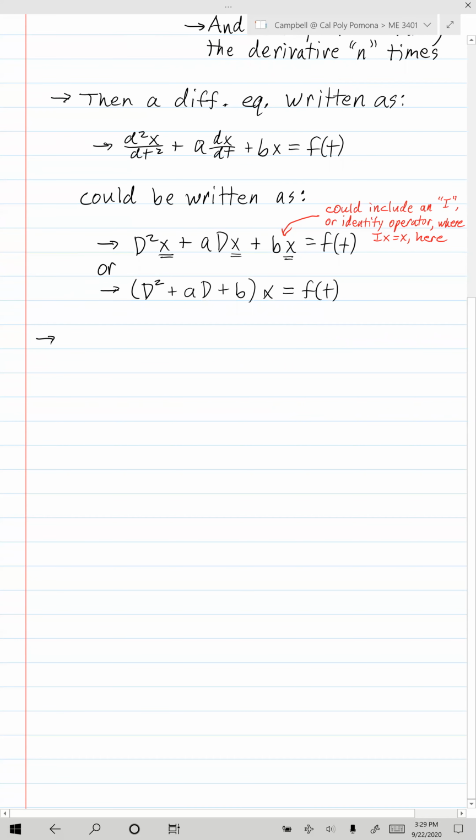So we have these differential operators, these D's. So let's go ahead now and define a linear differential operator.